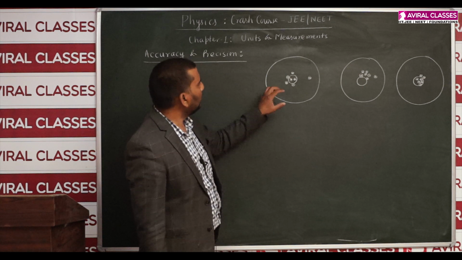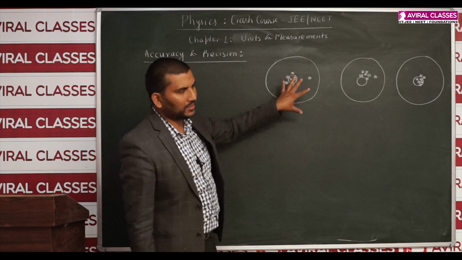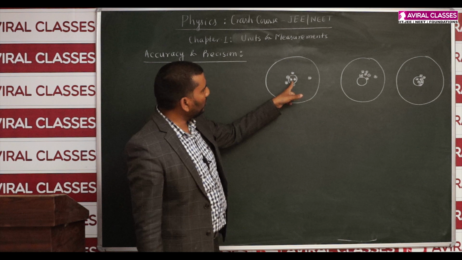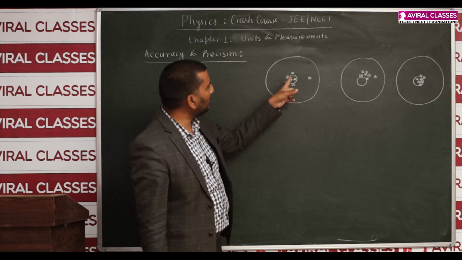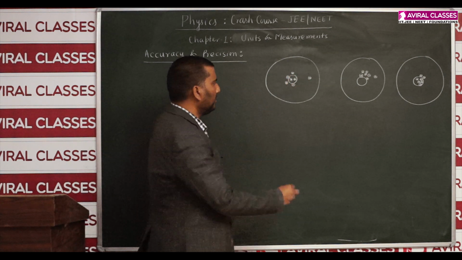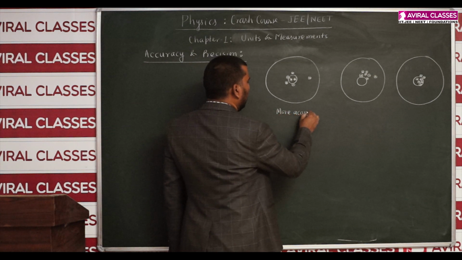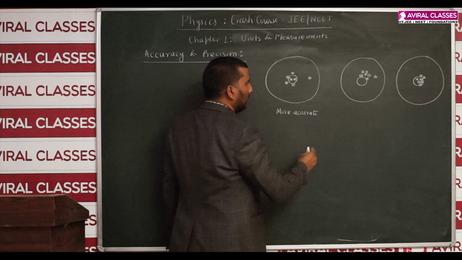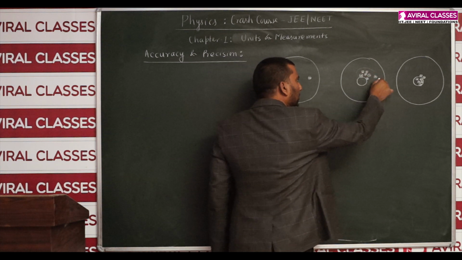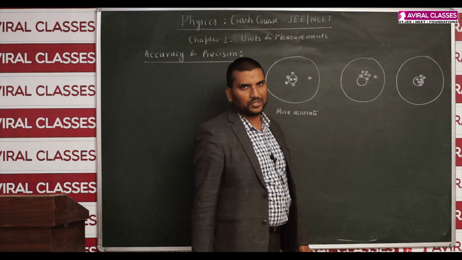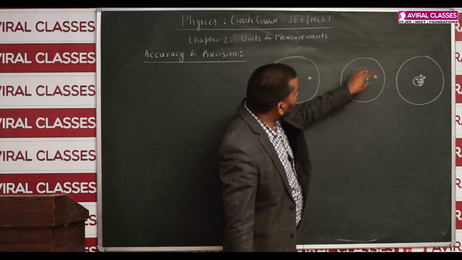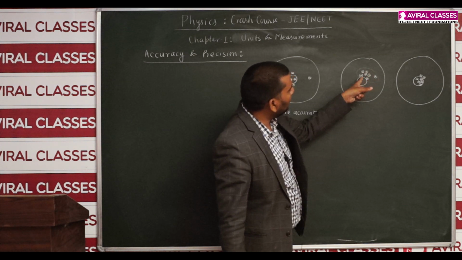This one is basically more accurate because it's close to the target. All bullets are close to the target except one. So this one is more accurate. Here, all bullets are in this range, so their limit is lying within this area.